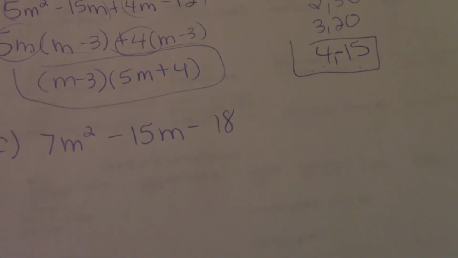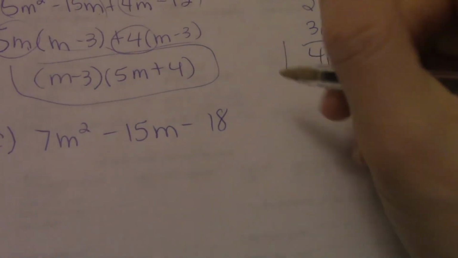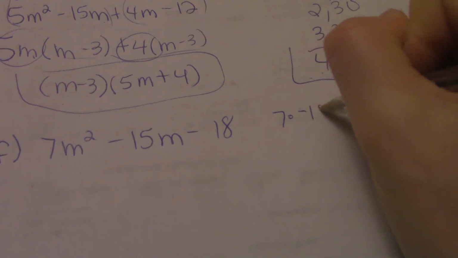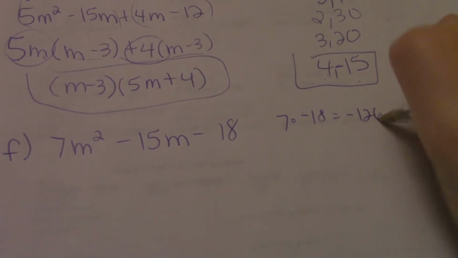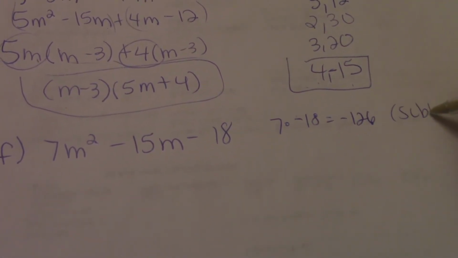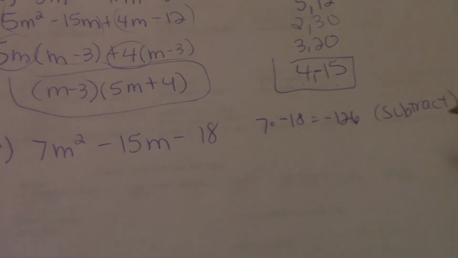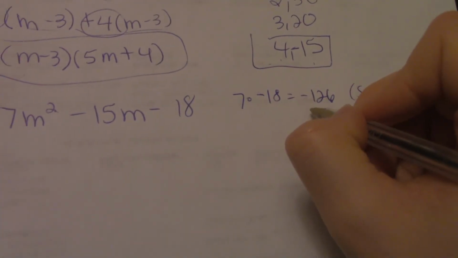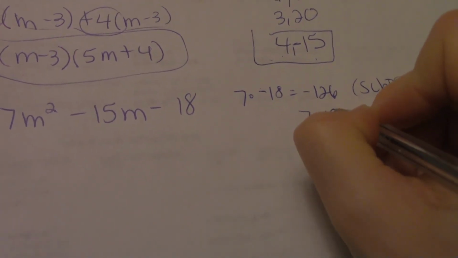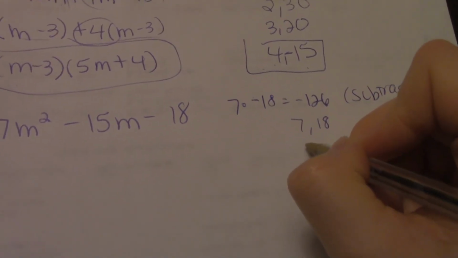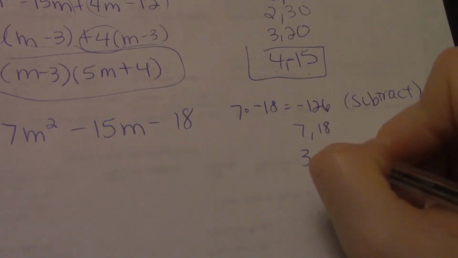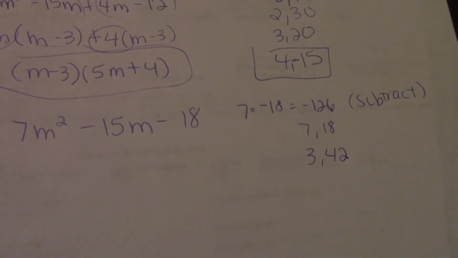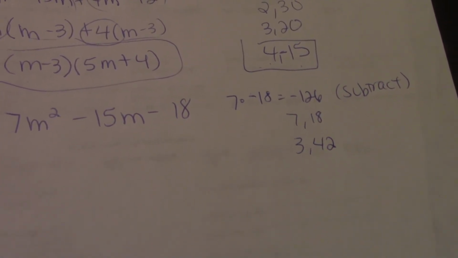So 7 times negative 18 is a negative 126, which means we're going to subtract again. Okay, so we have 7 and 18, obviously, but that's not going to give us 15. 3 and 42. I'm going to start plugging numbers in my calculator, just trying to figure out what else goes in there.